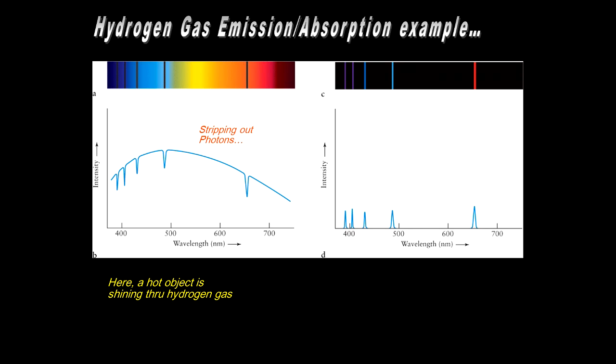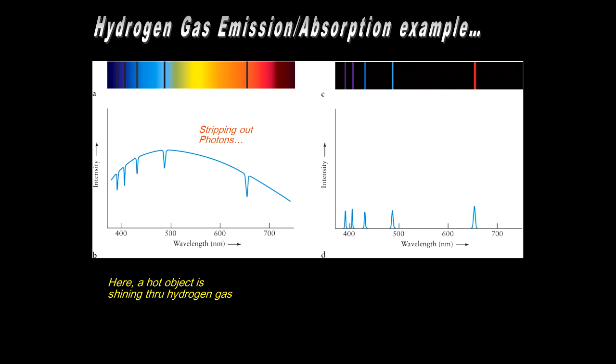A hot object is shining through hydrogen gas. If that happens, then we see the intensity and the wavelength. So you see notches here. The notches in the intensity correspond to these black lines. That's the absorption. So the hydrogen gas is absorbing these photon wavelengths specifically.